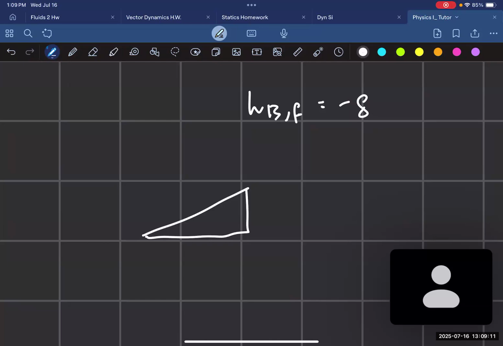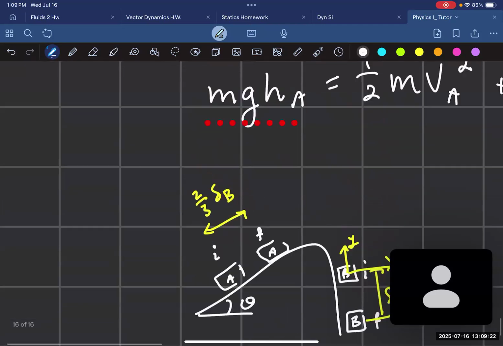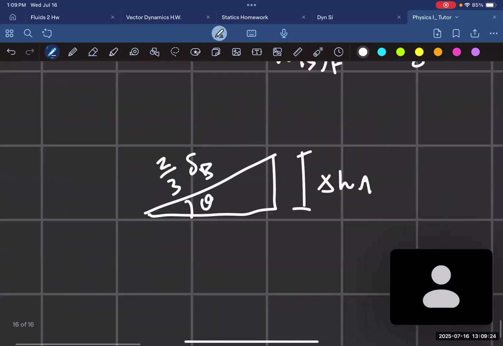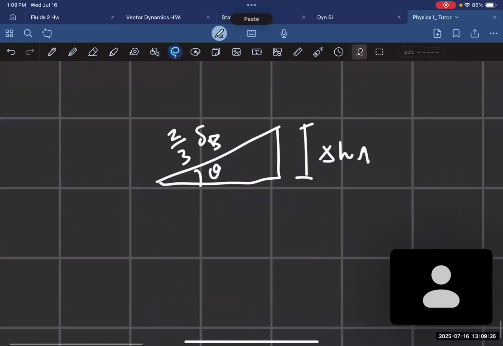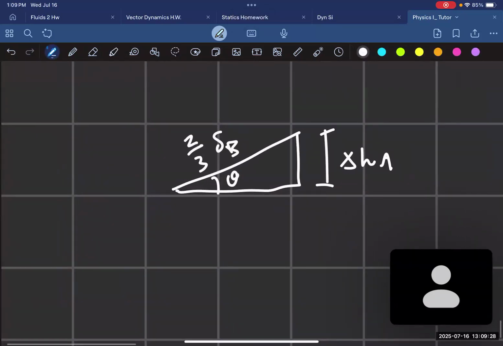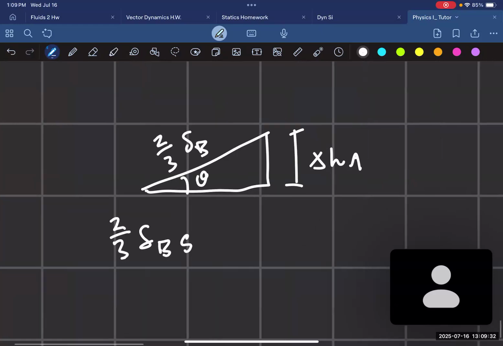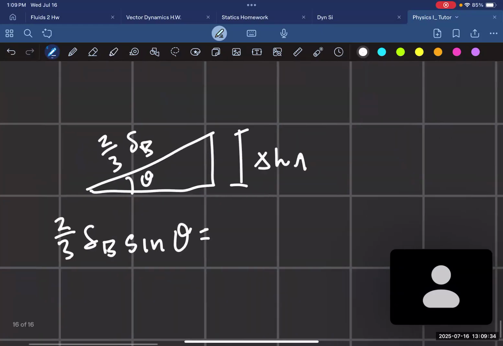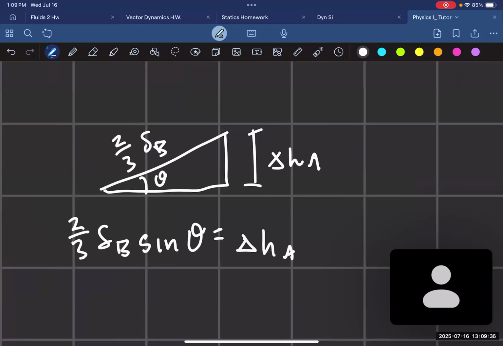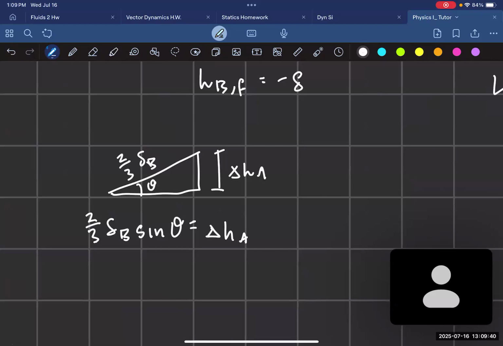So if this is 2/3 delta B, and if this is theta, and this is delta H A, rise in the box of A, we're going to get that 2/3 delta B sine theta is equal to delta H A. Okay?